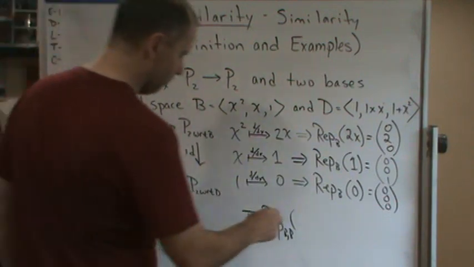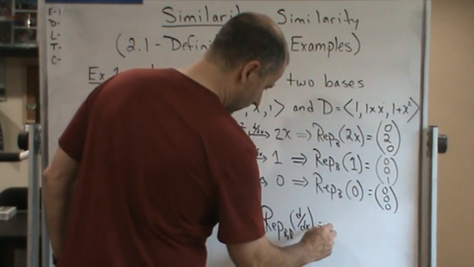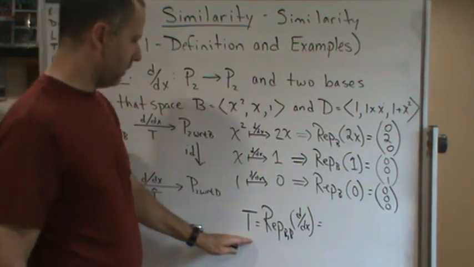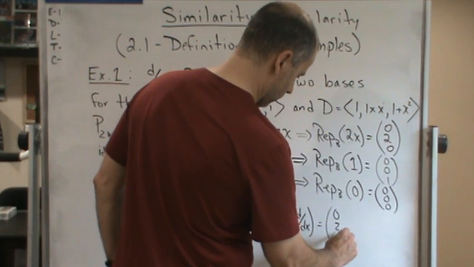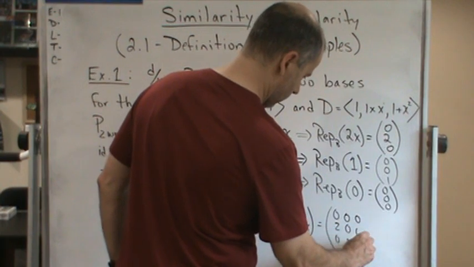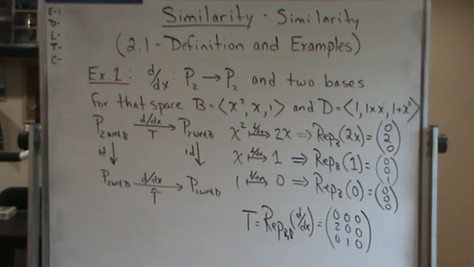So what's the function? d dx. And so now the representation, this is our matrix, is going to be the matrix 0, 2, 0, 0, 0, 1, 0, 0, 0.